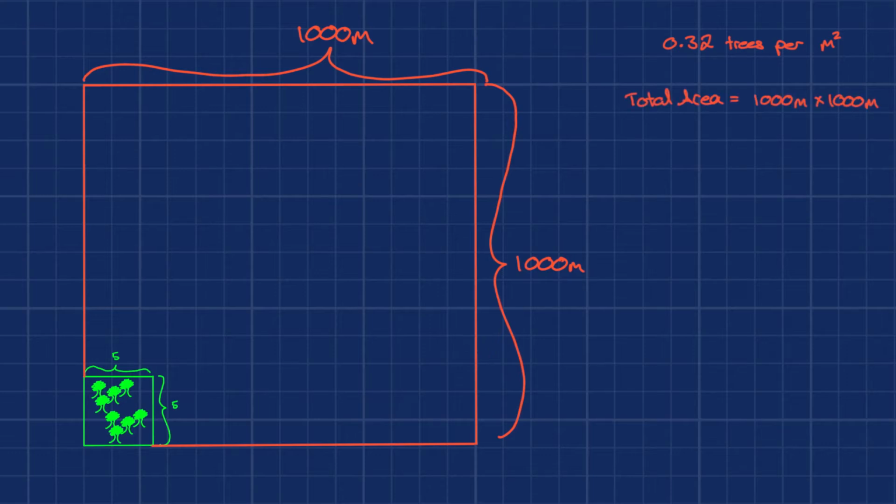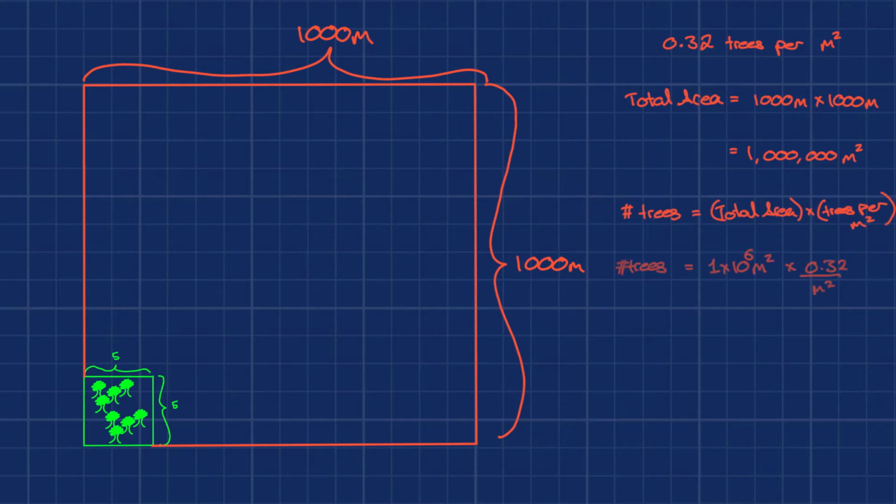Our total area is 1,000 meters times 1,000 meters, which is 1 million square meters. Now the number of trees on this block is simply the total area times the trees per unit area. So in this case, it's 1 million meters squared times the 0.32 trees per meter squared. So those units simply cancel out, right? Meters squared on the top, meters squared on the bottom, they cancel out.